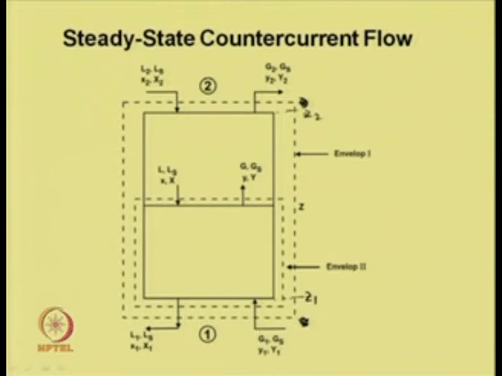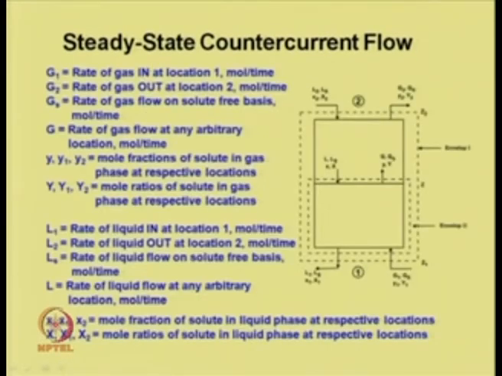Gas is inlet at the bottom and outlet at the top, and liquid in at the top and out at the bottom. G1 is the rate of gas in at location 1 in mole per time, G2 is the rate of gas out at location 2 in mole per time, Gs is the rate of gas flow on solute free basis in mole per time, G is the rate of gas flow at any arbitrary location inside the equipment, and small y, small y1 and small y2 are the mole fractions of the solute in the gas phase at respective locations.